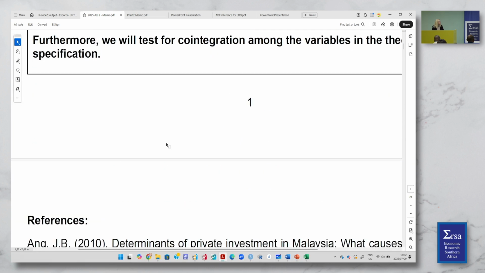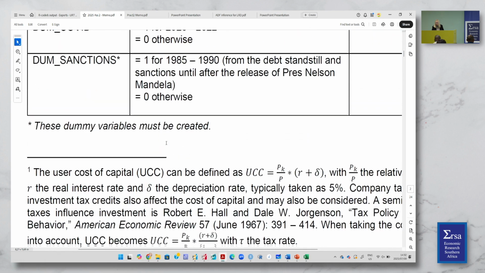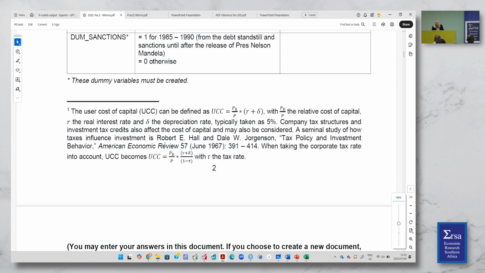And the unit cost of capital is a function of the relative cost of capital. That's the real interest rate, the depreciation rate, and even the tax rate, as suggested by the original authors in the seminal paper. So you see many papers using this measure.